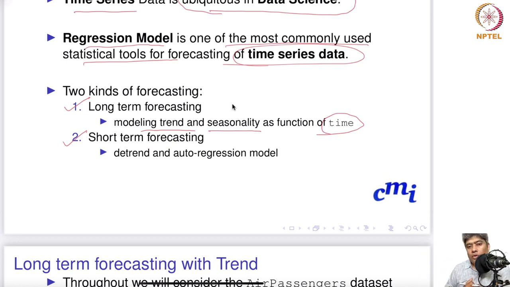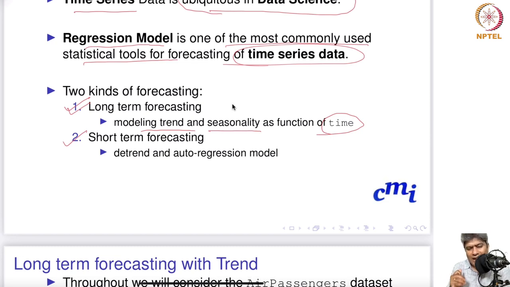But if you want quarterly forecasting, or a forecast for 1 or 2 years ahead, that will be long-term forecasting. If your data is monthly and you just want to predict next month's demand, or it is weekly data and you want to predict next week's demand, that is typically called short-term forecasting.